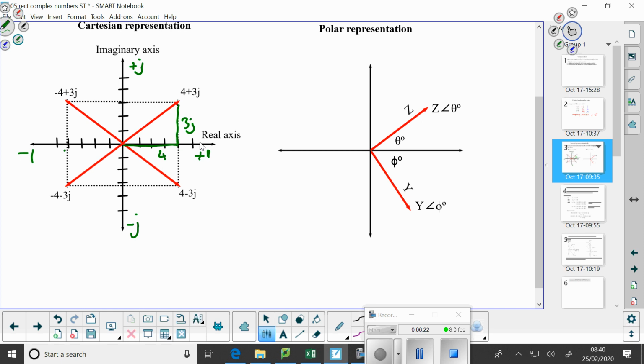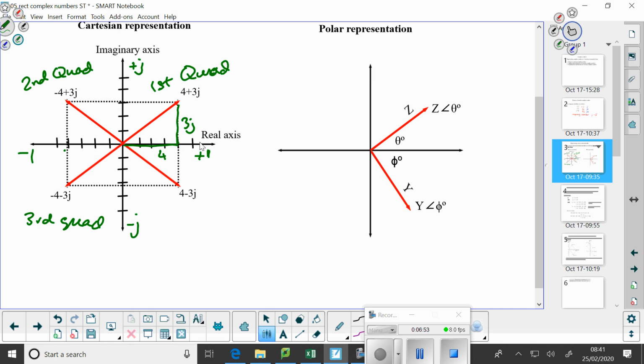In the third quadrant, so this is the second quadrant, this is the first. So in the first quadrant, both terms are positive. In the second quadrant, the real term is negative, the j term is positive. In the third quadrant, the real term and the j term are negative.